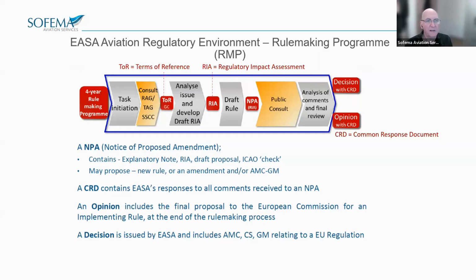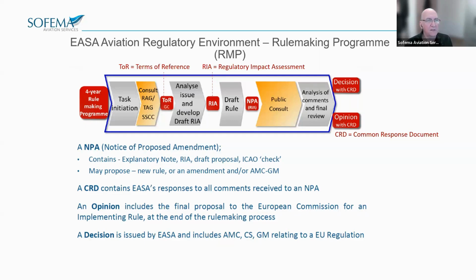And that contains an explanatory note, what impact it will have on the current regulations, what the draft proposal is, what the proposed changes are, and a check against the ICAO high-level recommendations as well. So it may propose a new rule altogether, or amending an existing regulation, and/or perhaps generating a new acceptable means of compliance and guidance material.